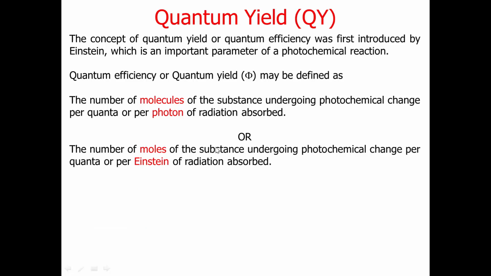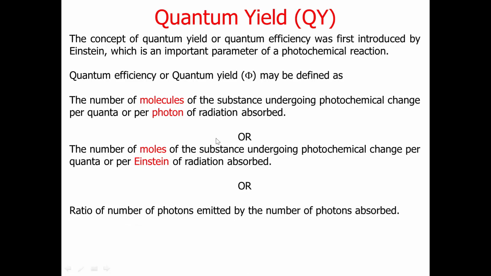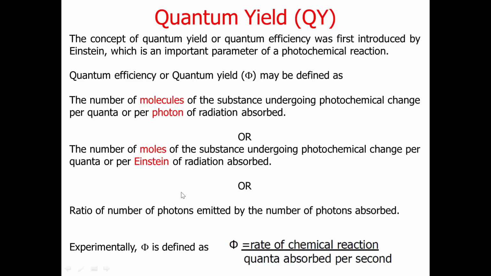Alternatively, the quantum yield can be defined as the number of moles of the substance undergoing photochemical change per Einstein of radiation absorbed. Or it can be defined as the ratio of the number of photons emitted to the number of photons absorbed. The quantum efficiency or quantum yield is designated by phi.